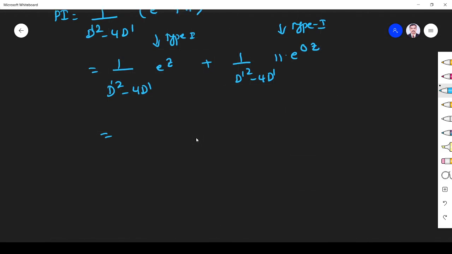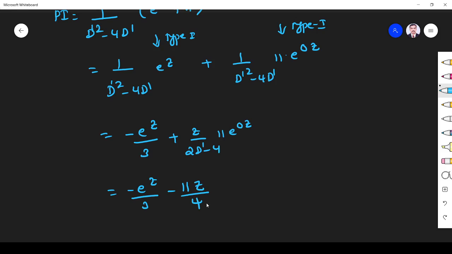Substituting the values and simplifying, we get minus e power z divided by 3 plus 11 by 2d dash minus 4, which gives 1 by d dash times the constant.